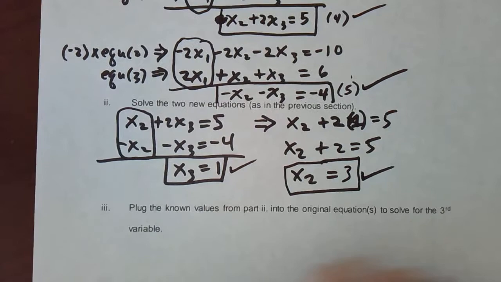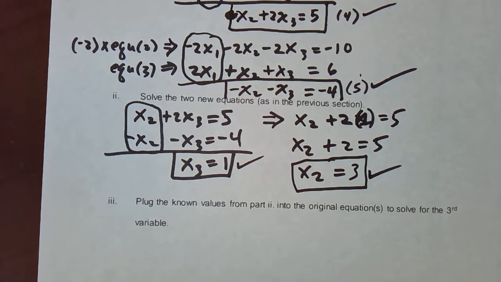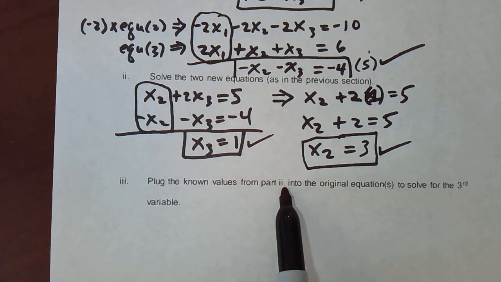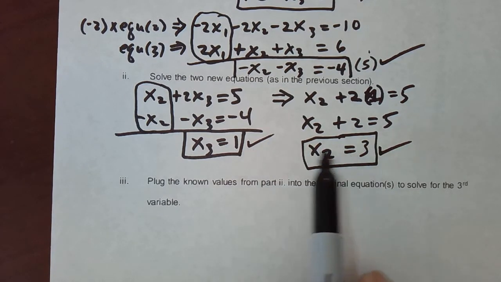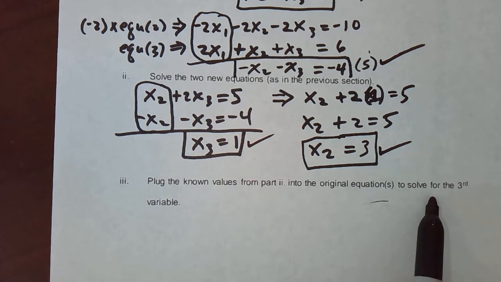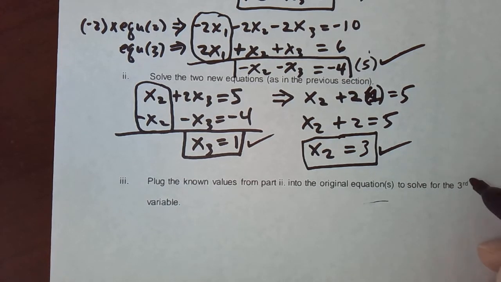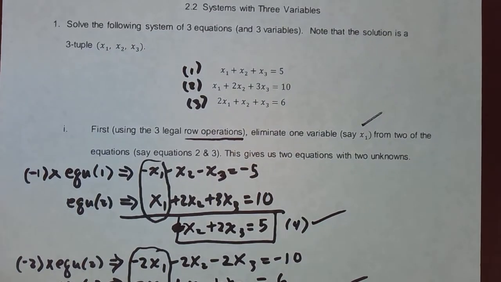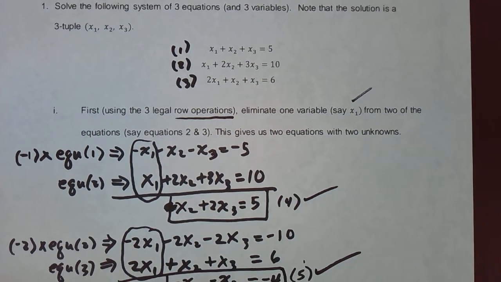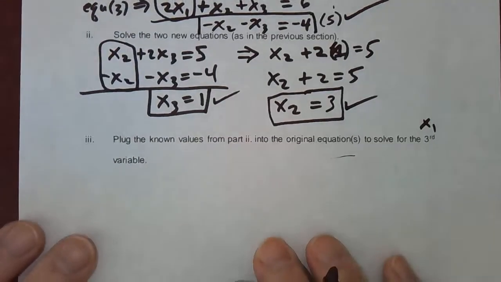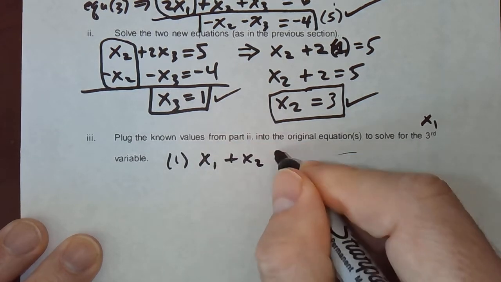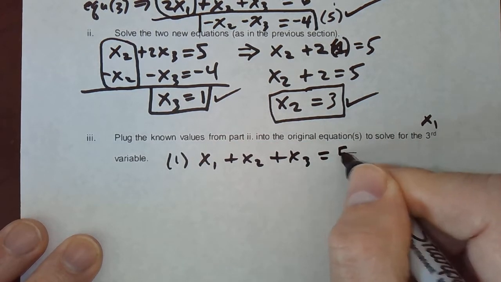Well, the third step is just to find out what the unknown variable is, the x1. So in step 3, it says plug the known values from part 2, the 2 with check marks by them, into the original equations to solve for the third variable, which is x1. So let's come way up here, and I'll just choose equation number 1. x1 plus x2 plus x3 equals 5.